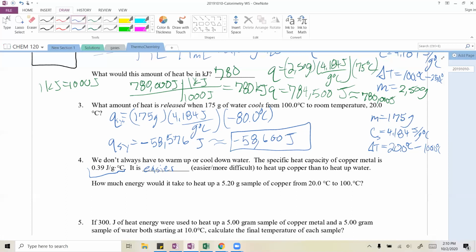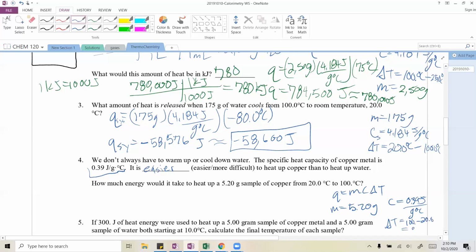So in this case, our equation still seems the same. It's still Q equals mc delta T. Our mass in this example is going to be 5.20 grams, but our C has changed. It's not going to be this 4.184. It's going to be the 0.39 joules per gram degrees Celsius. Our delta T is still 100 because that's our final, minus 20.0 to give us 80 degrees Celsius as a change.